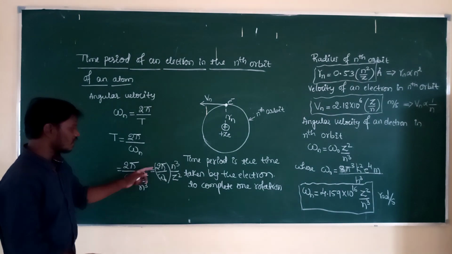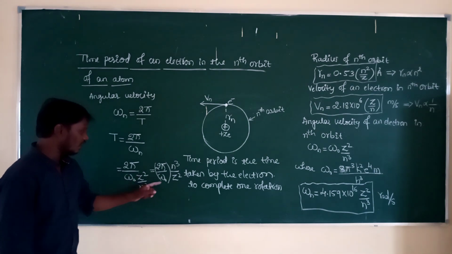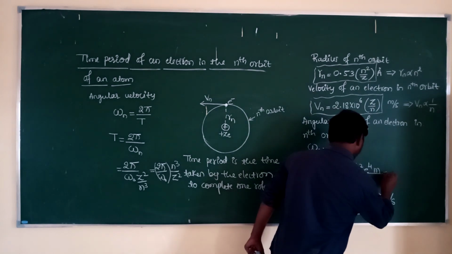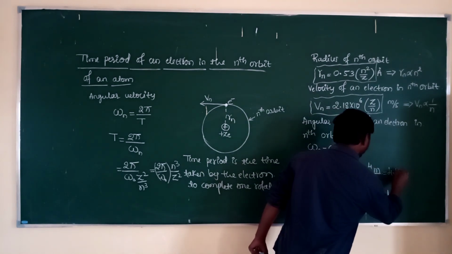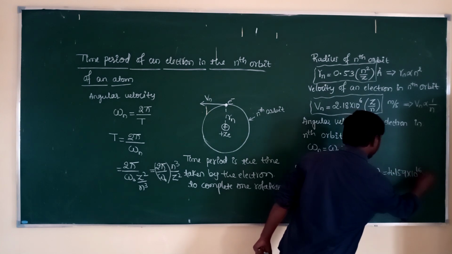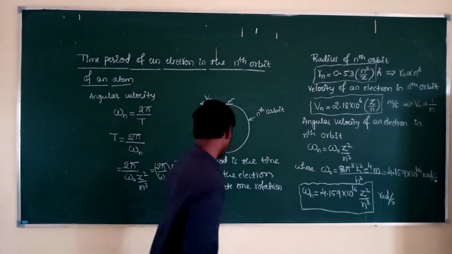So this 2 pi by omega naught is a constant value. 2 pi is a number, 2 into 3.14, that is 6.28, and the omega naught value is known. What is the value of omega naught? That is 4.159 into 10 to the power of 16 radian per second.